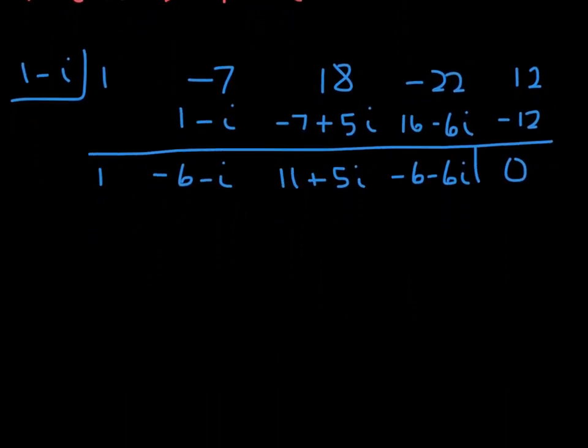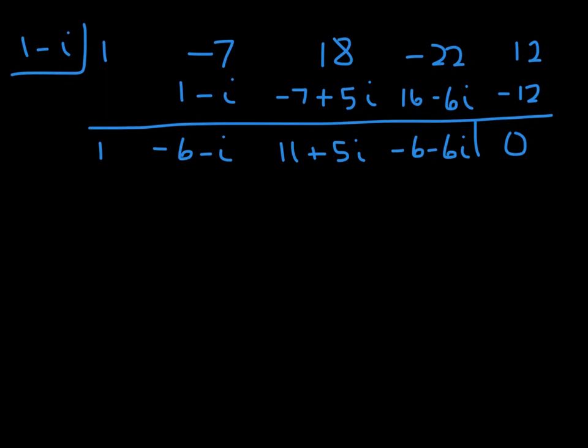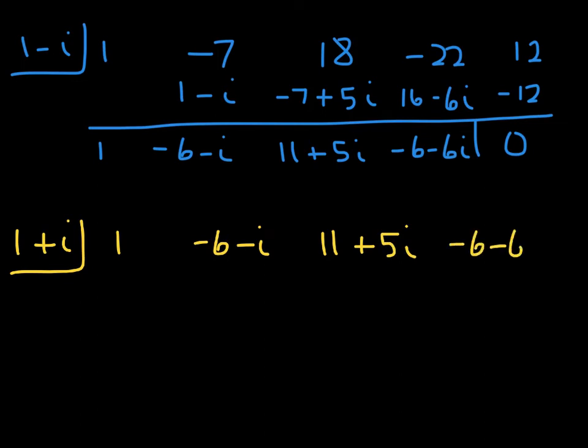I'm going to use 1 plus i this time around, and maybe if I use another color, it'll pop out a little better. So I'm going to use 1 plus i, the other zero, and I'm going to be using these coefficients here of the resulting cubic polynomial. Okay, all right, let's go for it.